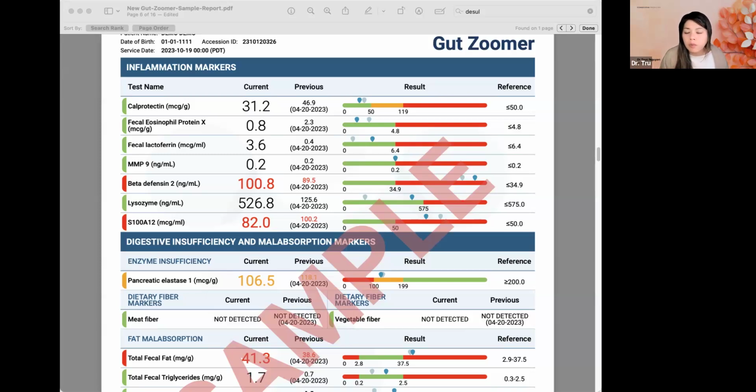I like to be a little bit more conservative in my workup to diagnose something, because if I look at this and I know what's going on in the system, I can treat it and retest, and you don't have to follow up with those unnecessary procedures.